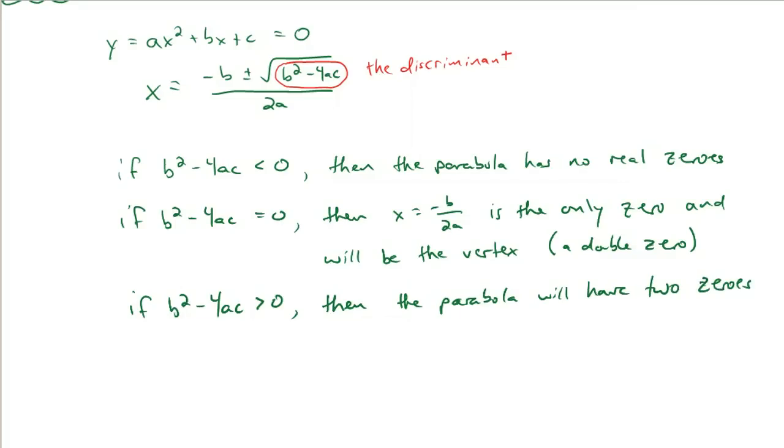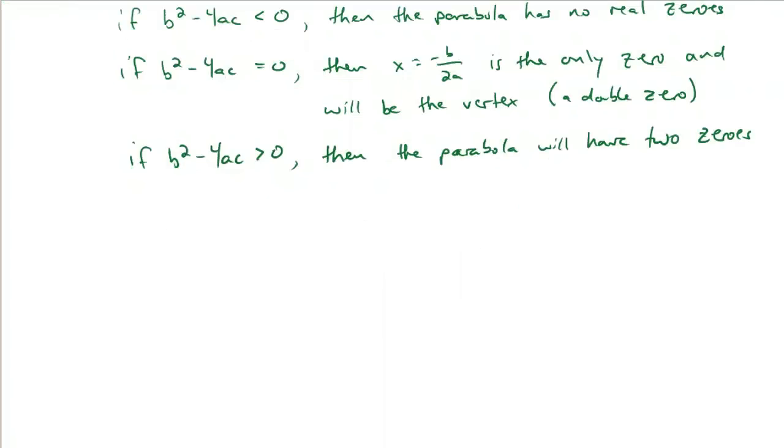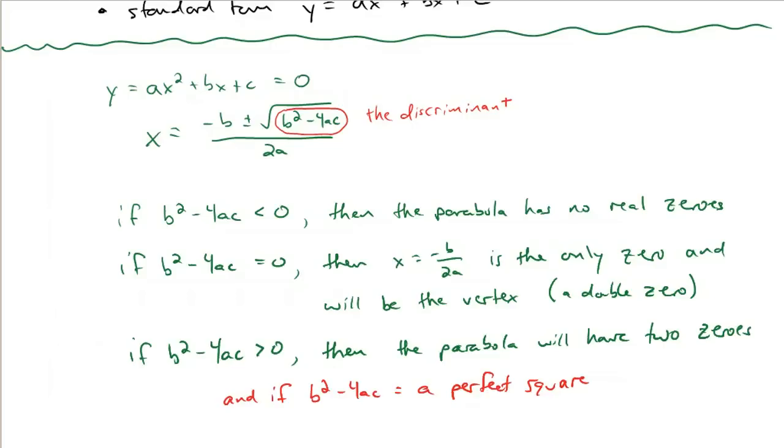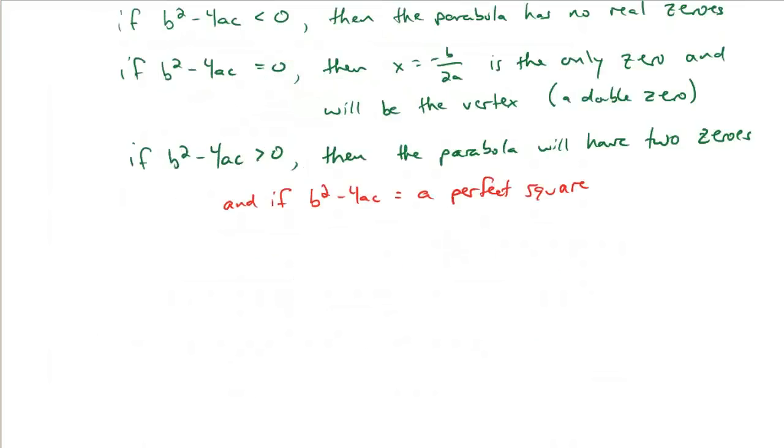And finally, one little sub case here is if that number is positive and b squared minus 4ac equals a perfect square. Okay, notice that it's something underneath a square root, so if it's a perfect square, then it's going to sort of tumble nicely down into some other number.